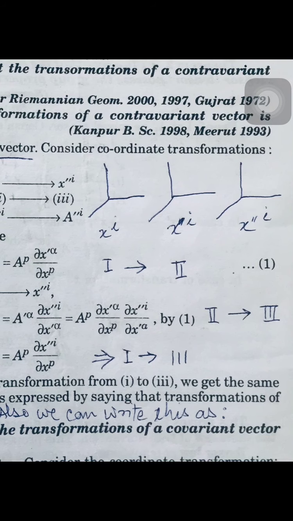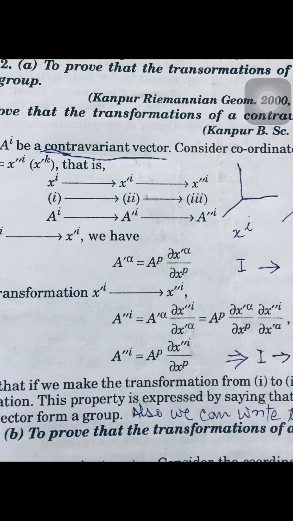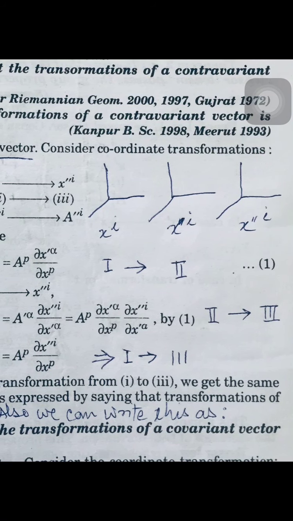So this is the main relation, or this is a group property. When we go first to second, second to third, it directly implies first to third, which is a group property.